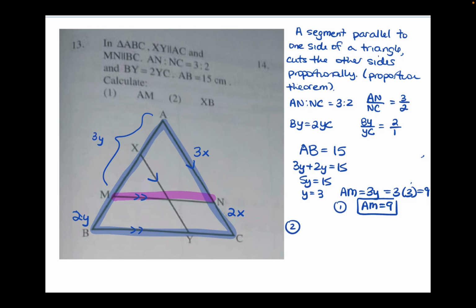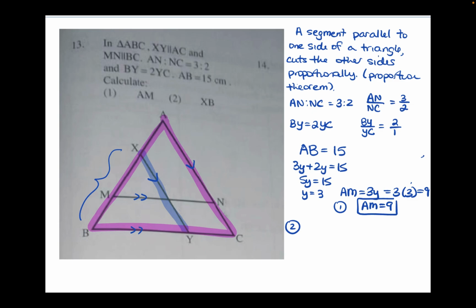And the other part of this problem has to do with another parallel. So same big triangle ABC, but instead we'll look at XY as the parallel side because we're interested in finding XB.